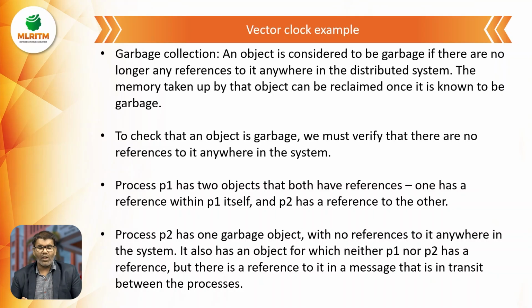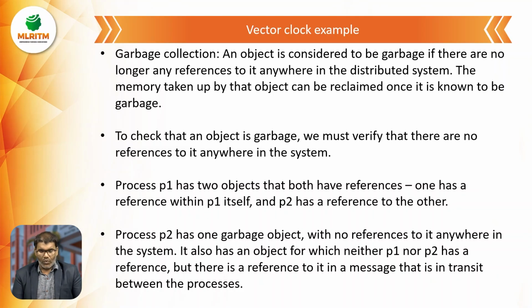To check that the object is garbage, we must verify that there is no reference to it anywhere in the system. If there is a reference in the system, then it is not a garbage object.